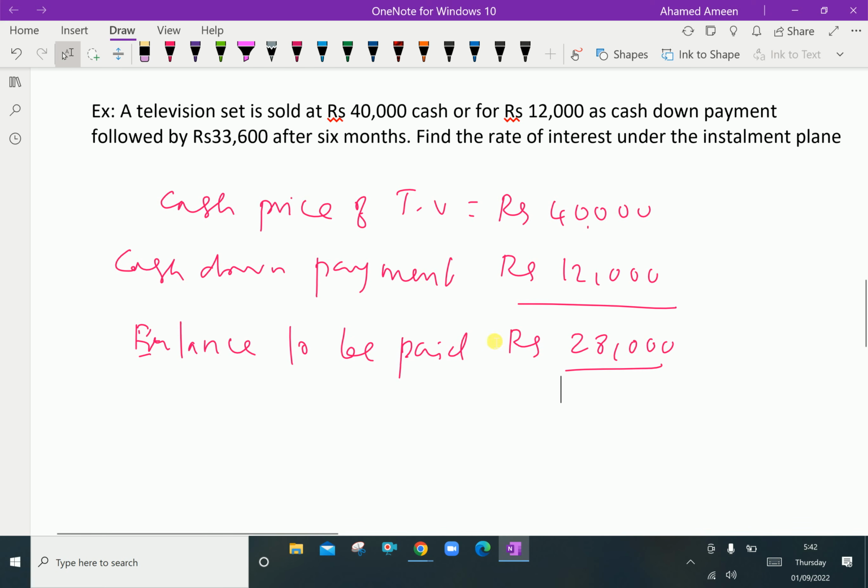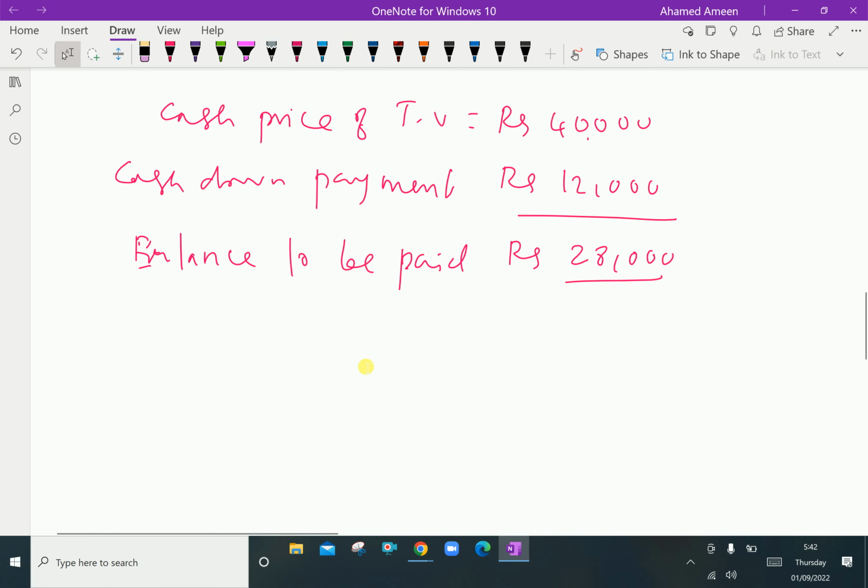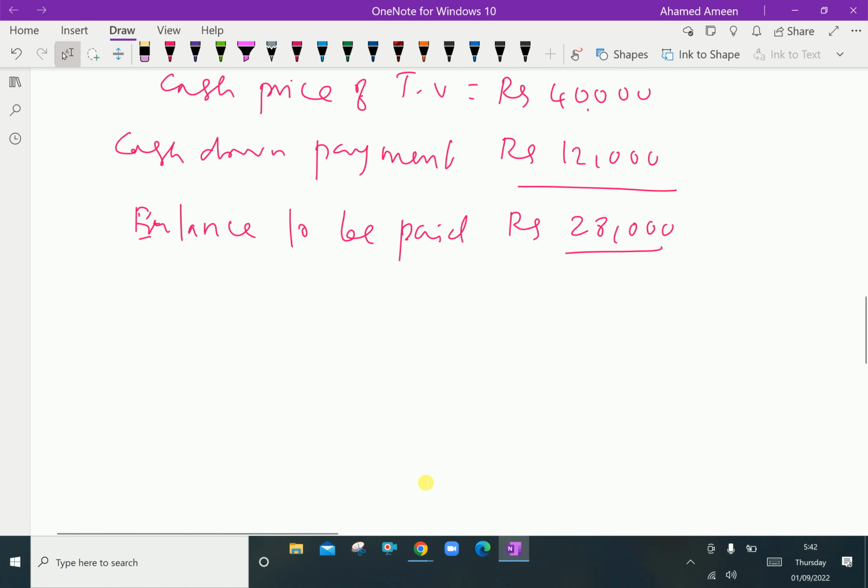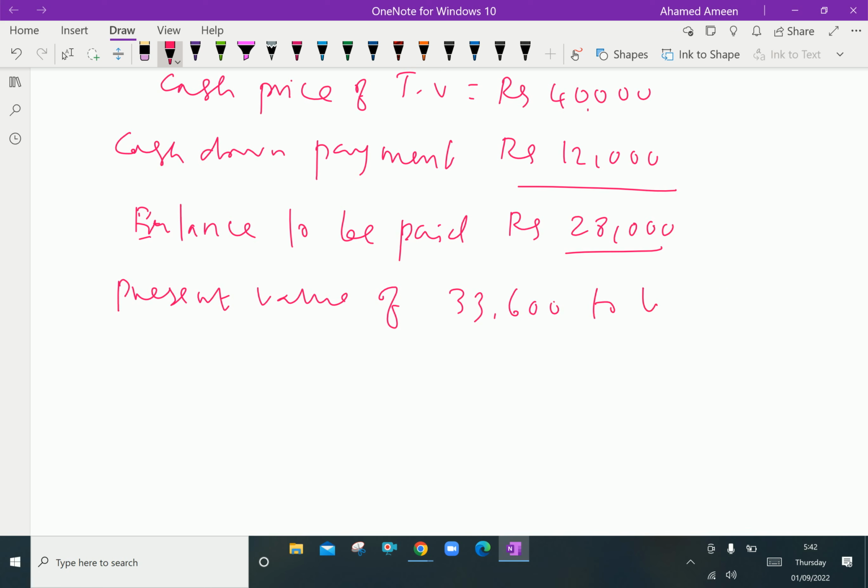Now the present value of ₹33,600 to be paid after 6 months is ₹28,000.